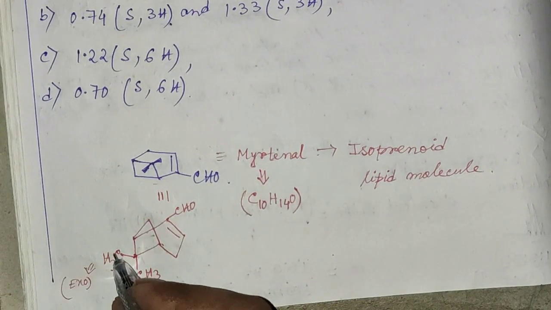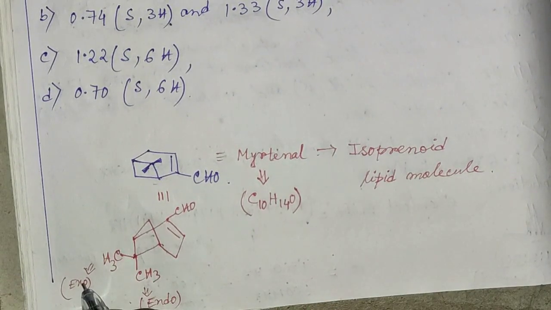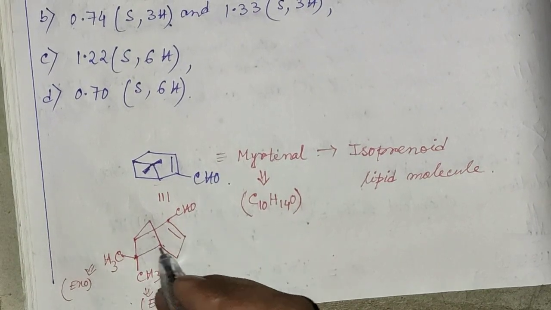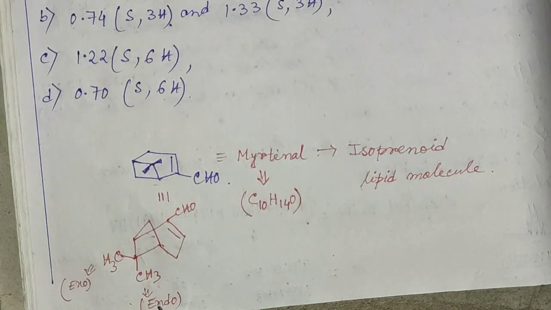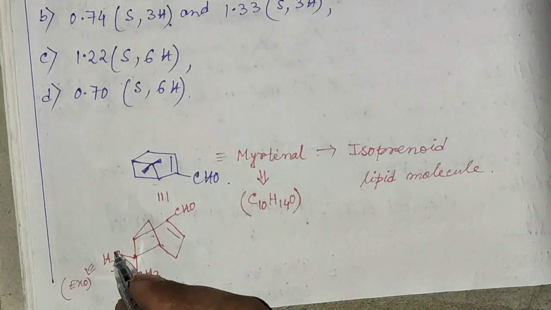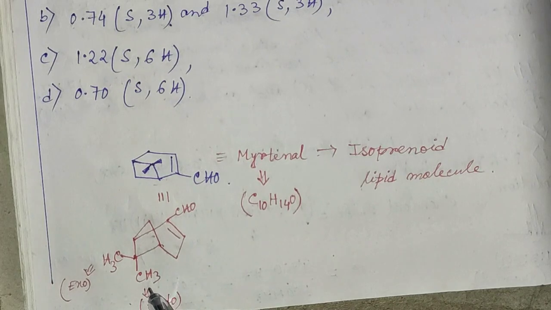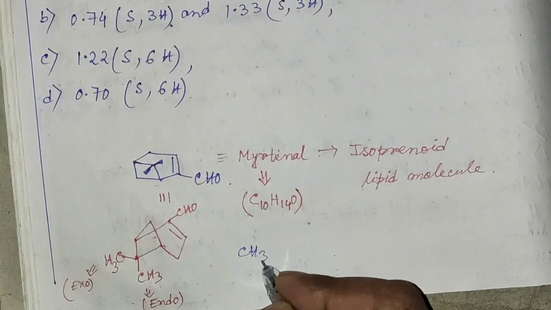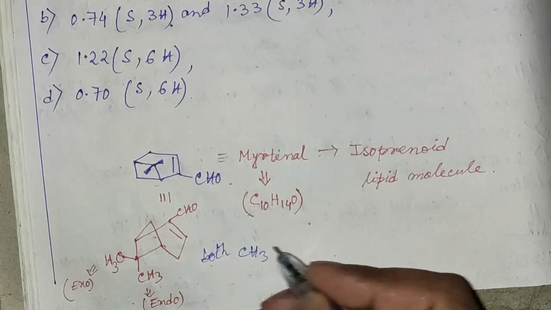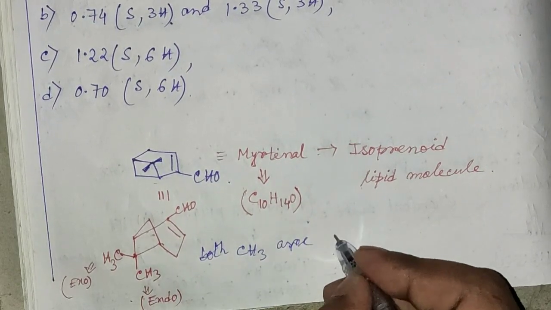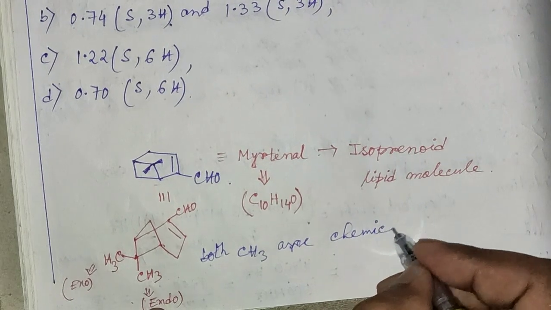Here this CH3, this methyl group is exo to the ring and this one is endo. Since one is exo and another is endo, the chemical environment of these 2 methyl groups is not similar, its chemical and magnetic environment is not similar. So both the methyls are chemically and magnetically non-equivalent.